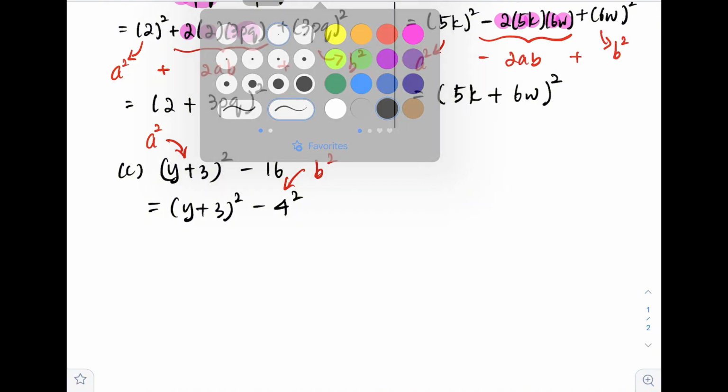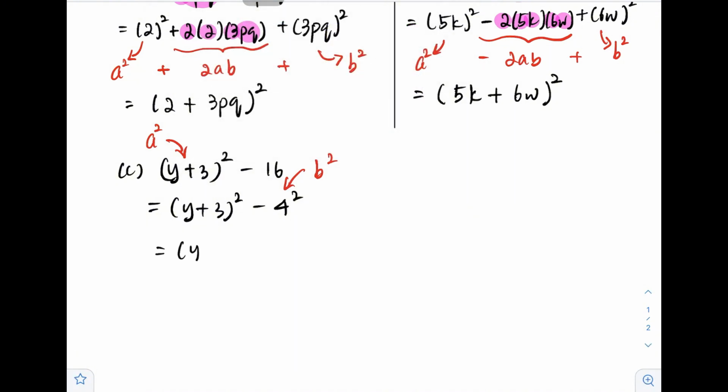So we can write it as (A, which is y plus 3, plus B, which is 4) times (A, which is y plus 3, minus B, which is 4). So let's remove the round brackets to simplify.